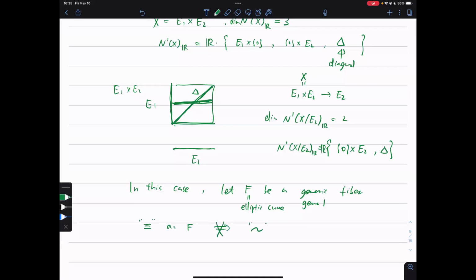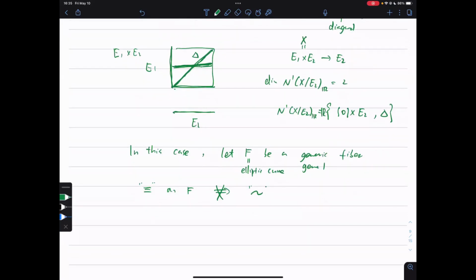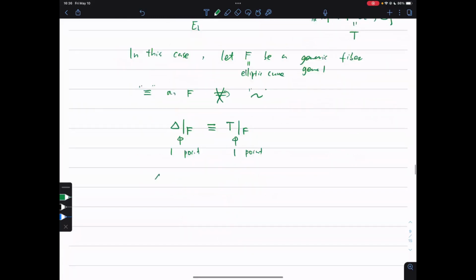So let's do the restriction. We restrict to the fiber F, and we see delta restricted to F. Let me just write this as T. This is a section, a horizontal section. So T restricted to F and delta restricted to F are numerically equivalent, because each is one point and the degree is just 1.